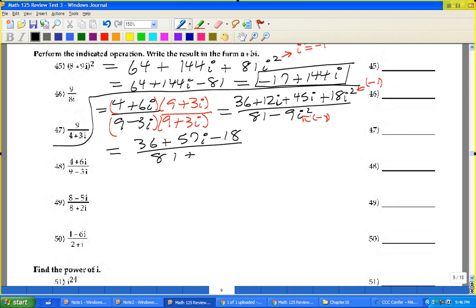The negative 9i squared, since i squared is negative 1, becomes a positive 9. 36 minus 18, 18 plus 57i over 27, over 91.